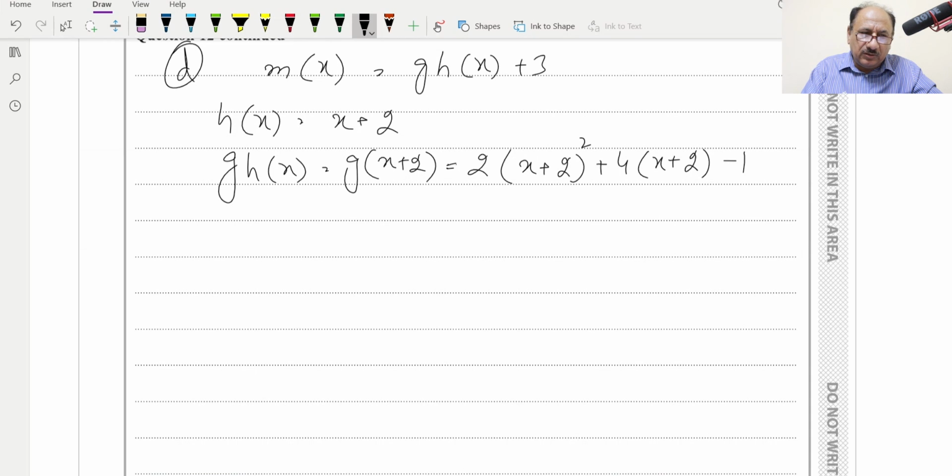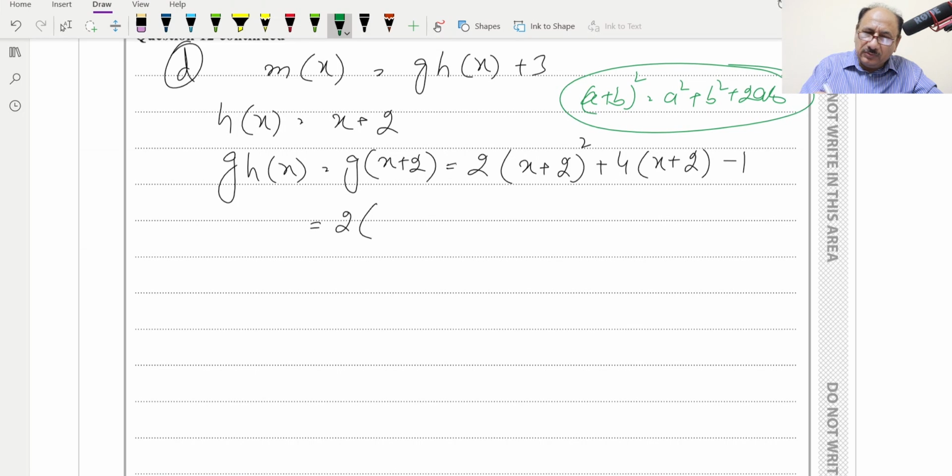This one we can open the square, so this will be 2 into x plus 2 squared. (a plus b) squared is equal to a squared plus b squared plus 2ab. This will be the formula.